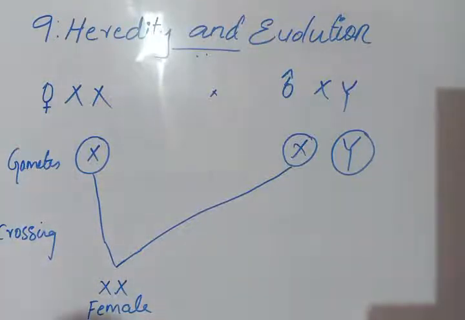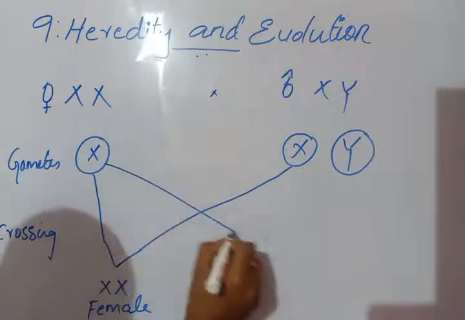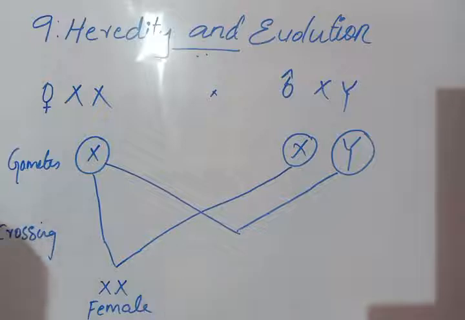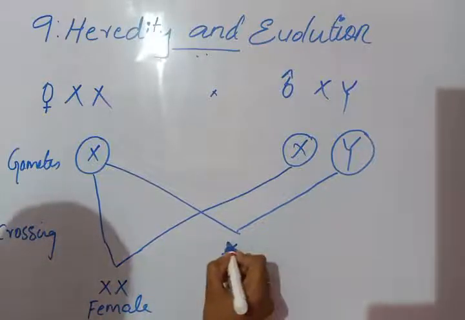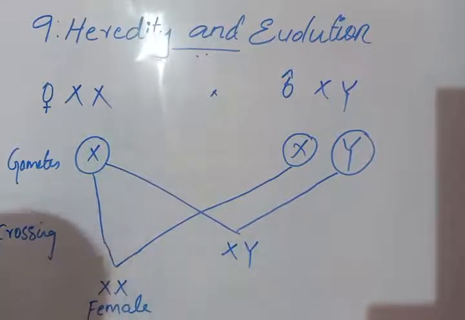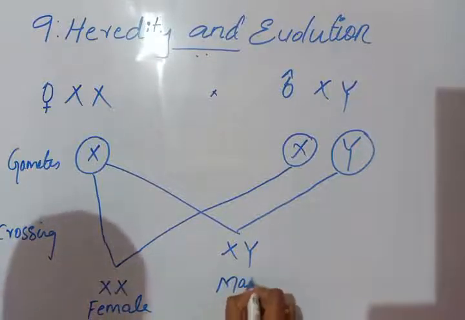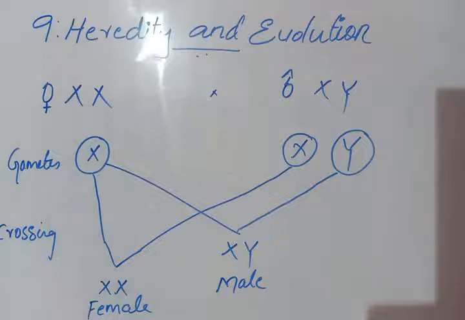Then what happens when the X chromosome of the mother crosses with the Y chromosome of the father? They will produce XY offspring, so they are male children. So if the X chromosome of the mother crosses with the X chromosome of the father, the newly born child will be a female child.